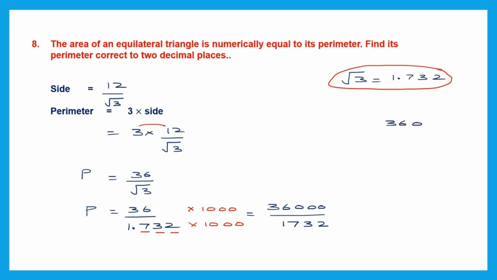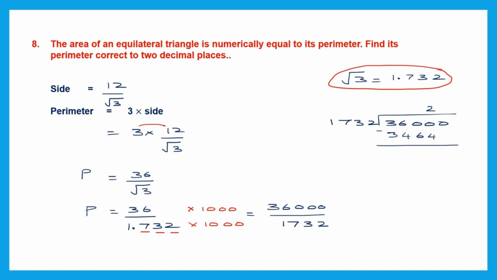So 36,000 divided by 1732. Now we need to multiply 1732 by a number to get a number close to 3600. Let's multiply by 2. When we multiply by 2, that is 3464. Now let's subtract.